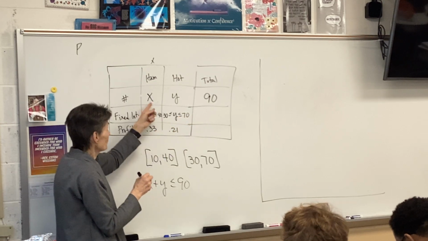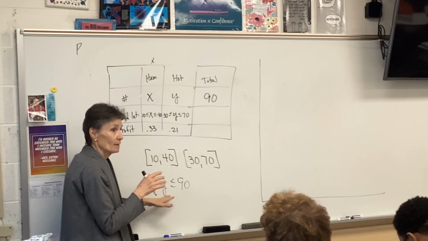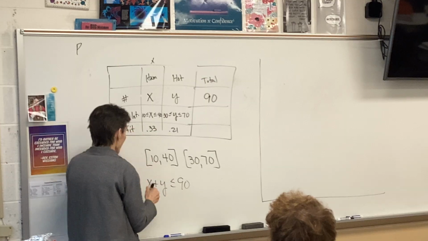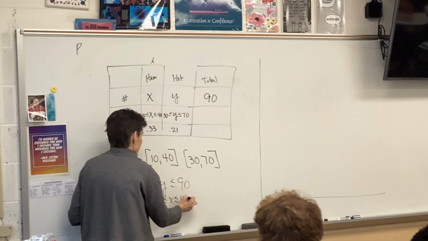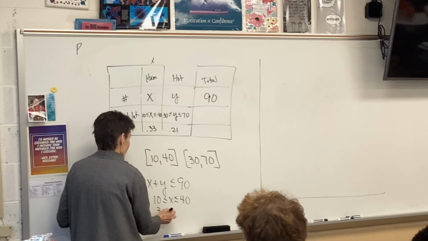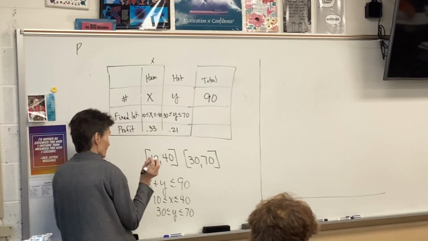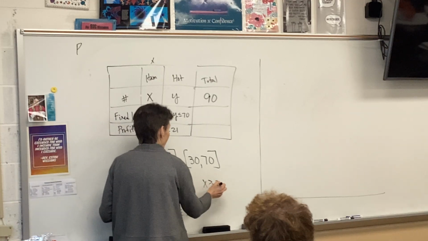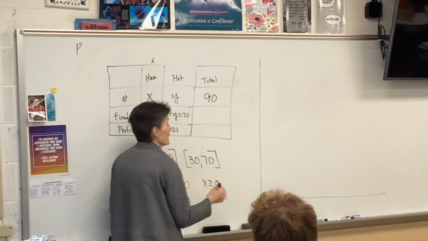So whatever hamburgers and hot dogs I make, together, they have to be less than 90. I'm also going to graph my fixed intervals. This is what makes them so easy. You just graph them. And I'll show you how it's so easy. And then, of course, X and Y have to be positive because you can't have negative hamburgers.